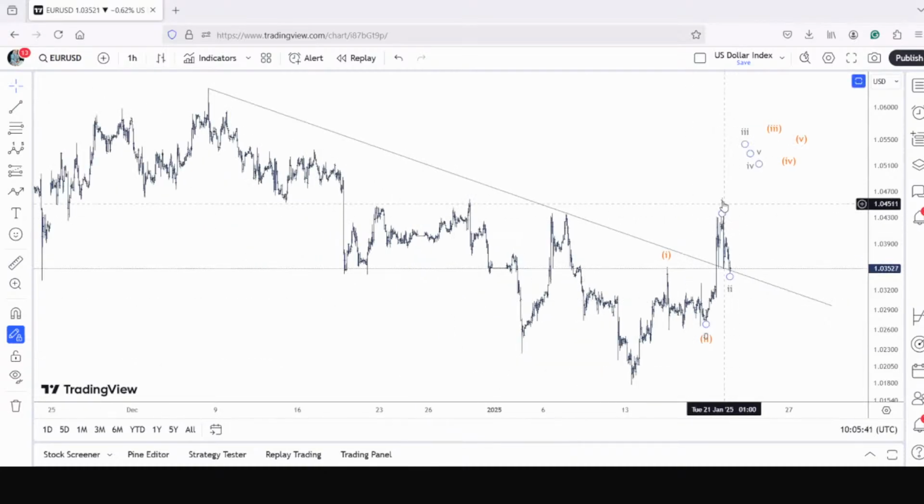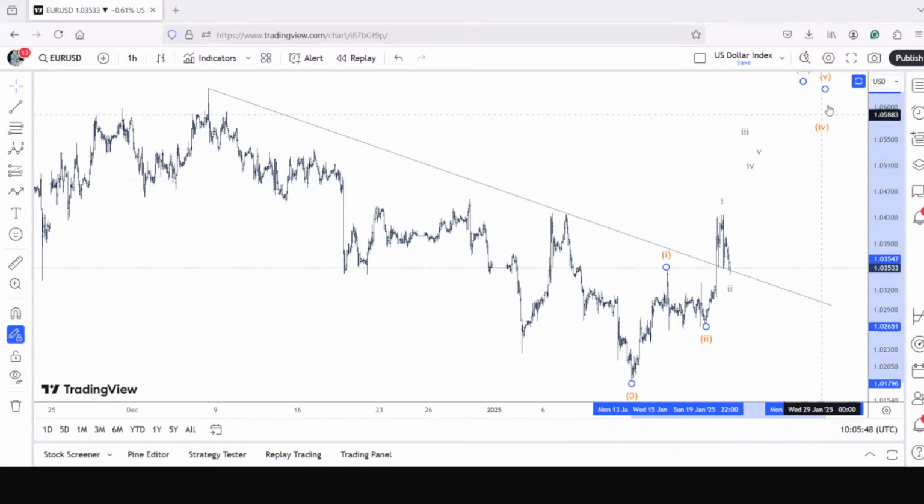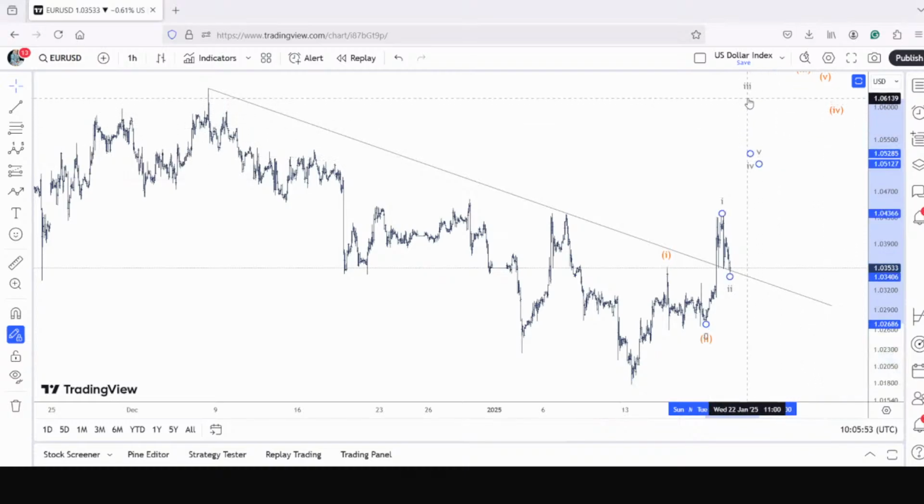So it's going to be wave one and wave two, and let me push these slightly away, because we are yet to complete the sub-minute wave 3, and then sub-minute wave 4 and 5 will go higher again. So something like this.